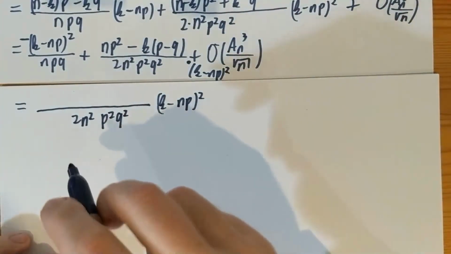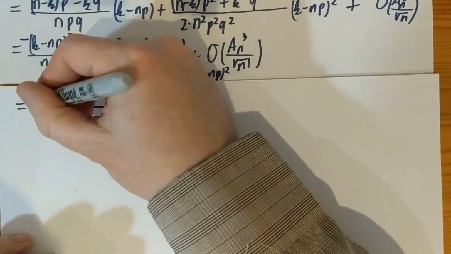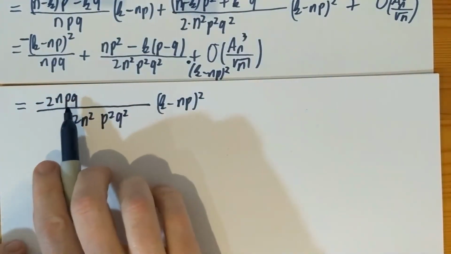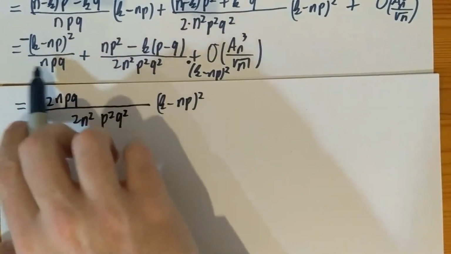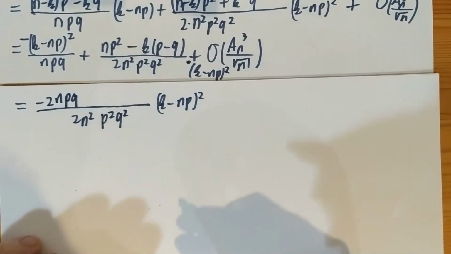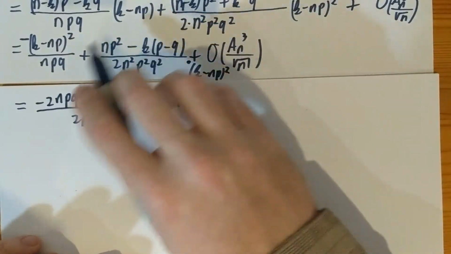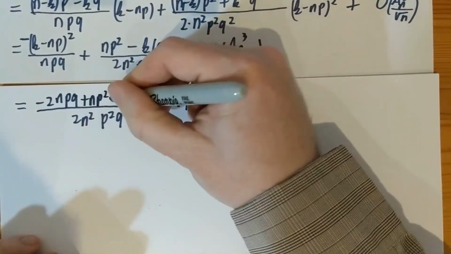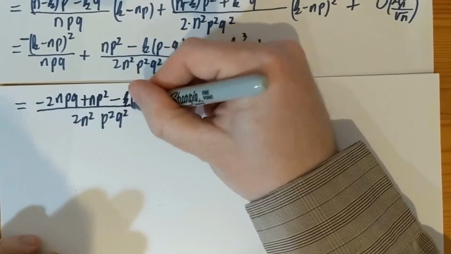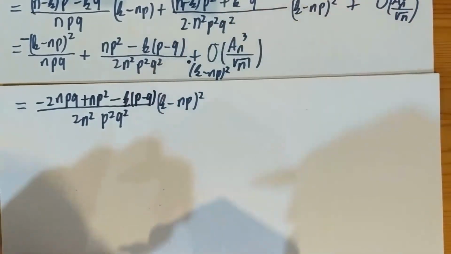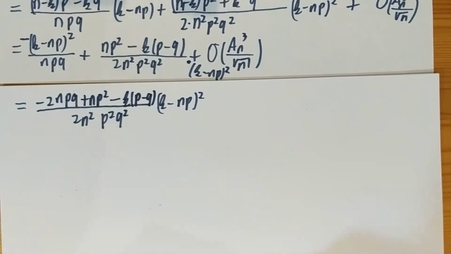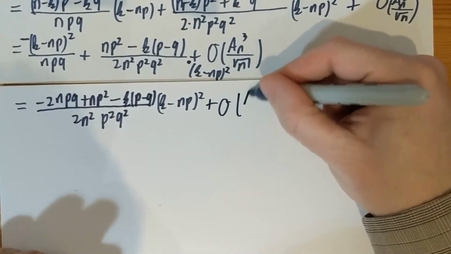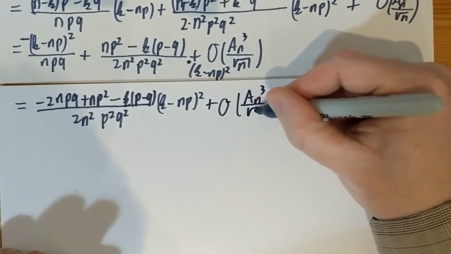This is easy. I just have a minus 2npq for the first term. Minus 2npq over that is just minus 1 over npq. And then I have all of this for the second term. So a plus np squared and the minus k of p minus q. Okay, and then I have the error term. Big O of n cubed over root n.